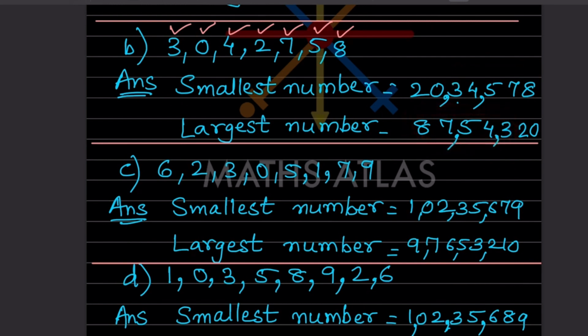And now look at here, we have 2 0. If I'm writing 0 2 and 2 0, which will be the biggest of this one? So definitely it is going to be 2 0. So I'm not going to consider 0 2, but I'm going to write here 2 0. So hope you understood the concept about the zeros.